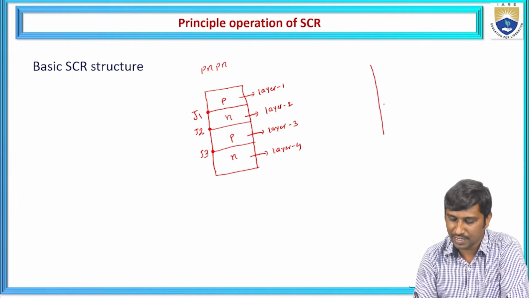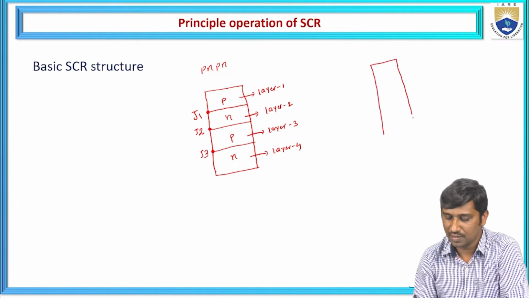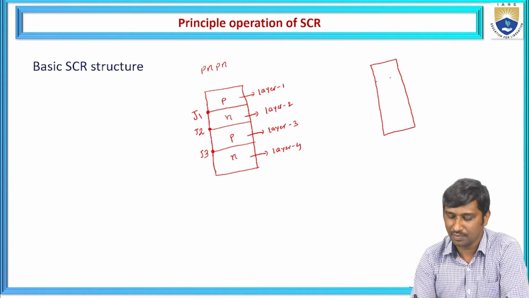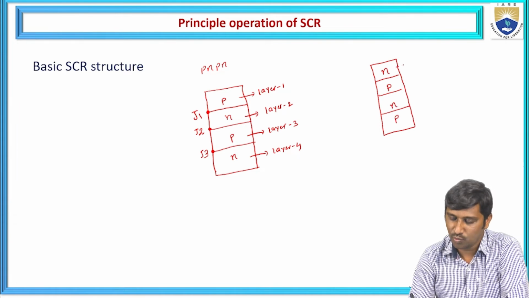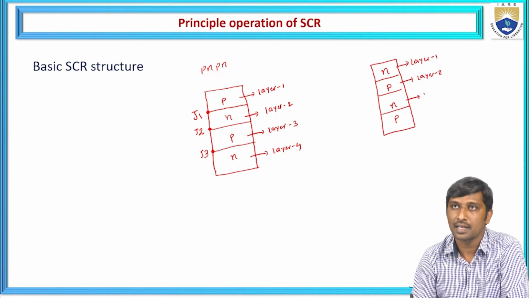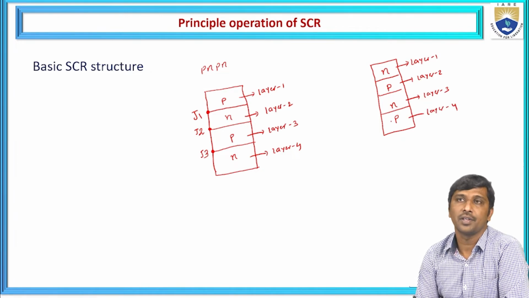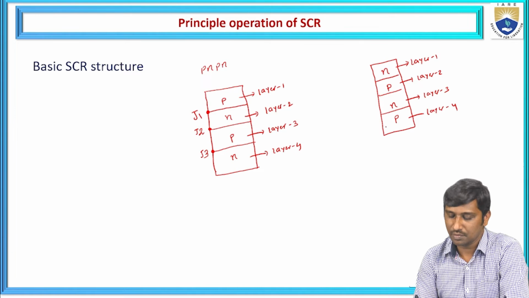Otherwise, if you take the NPNP structure, we need to start from N-type material. We diffuse the N-type material, then again the P-type material, then again the N-type, and this is P-type. This is layer 1, this is layer 2, this is layer 3, and this is layer 4. Now we need to find the junctions formed.